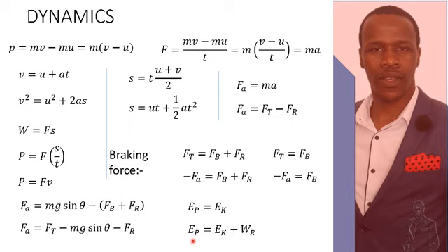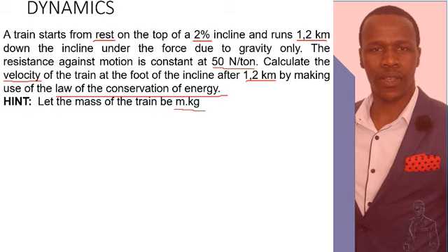We have EP being mgh, we have EK being mv squared over 2, we have WR, or work against friction, being FR times S. We have FR and we have S. So we have everything we can calculate, the only thing we do not have is m, which is the mass. So let's see how we are going to attempt this.